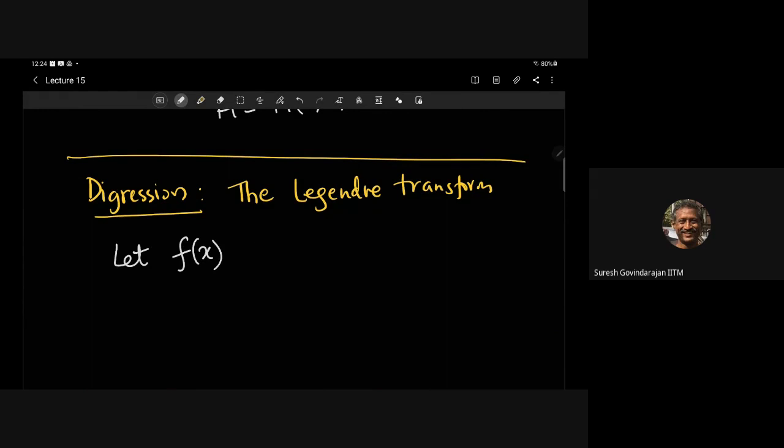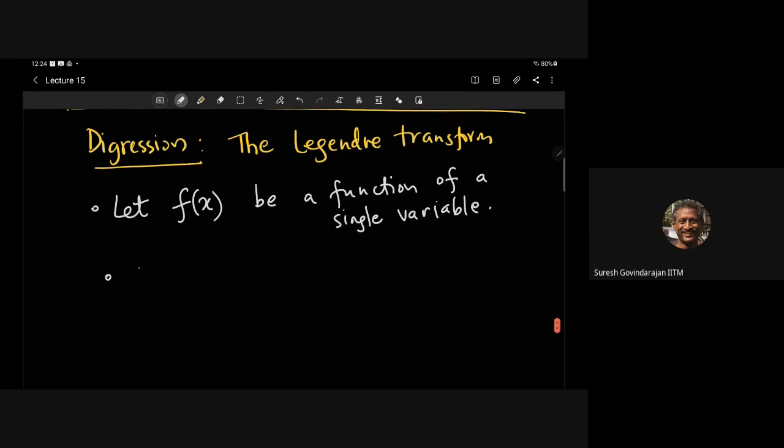a function of a single variable. And we will do exactly what we did. Let g of p be xp minus f of x.